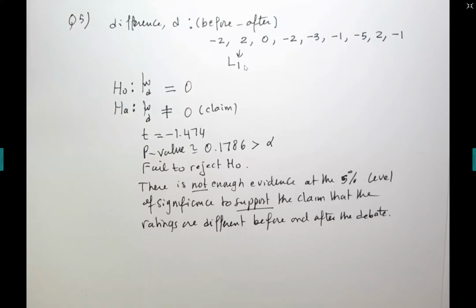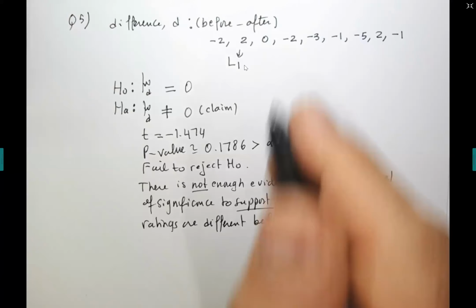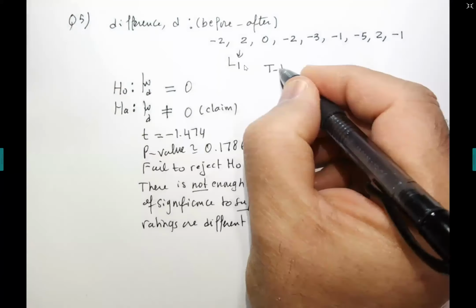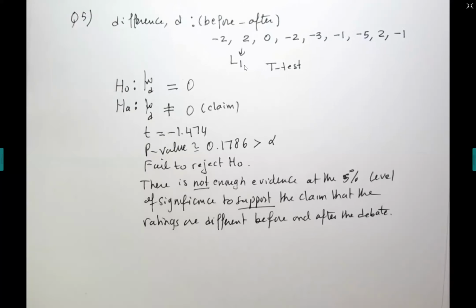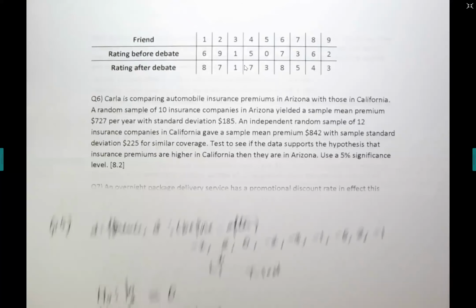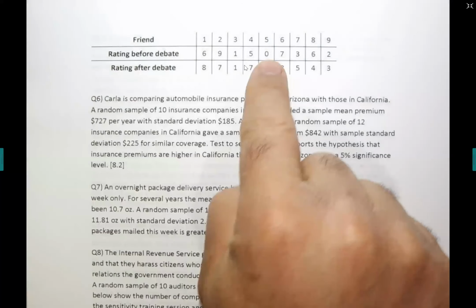So again, guys, the hint for you to know whether you have to use a t-test, only simple, single t-test. To know that you have to do the difference, when you have a table, it gives you information before an action and after an action with the same people. Then you know for sure this is going to be a t-test, dependent samples. And you can see here, guys, before and after.